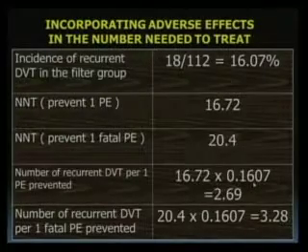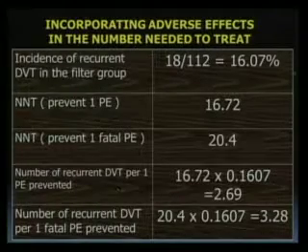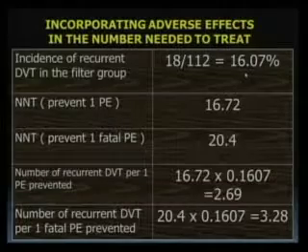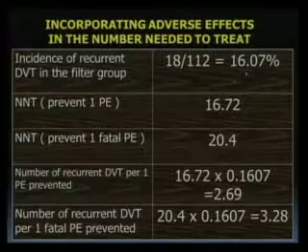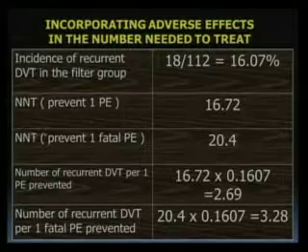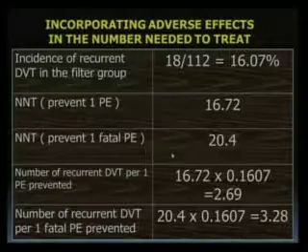When you incorporate the adverse effect and the NNT, based on this one, the incidence of DVT in the filter group was 16.07%. And then incorporating NNT per 1 PE prevented and NNT per 1 fatal PE prevented, you come up with this computation.